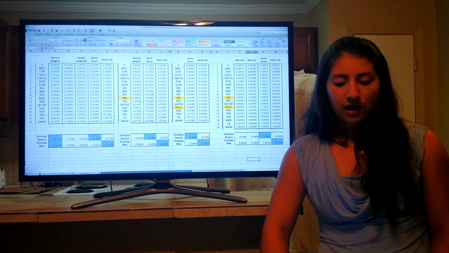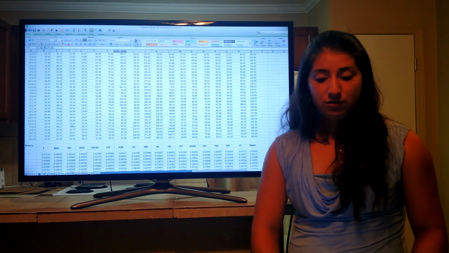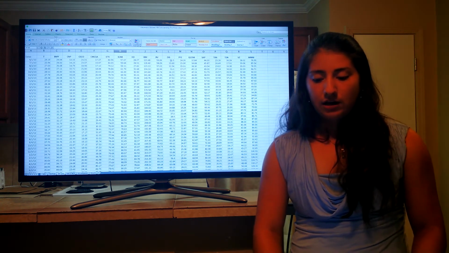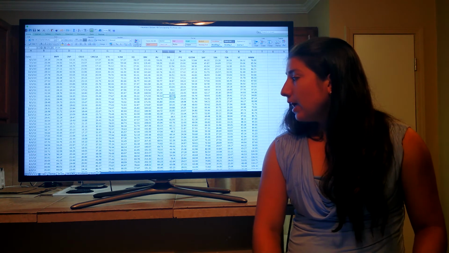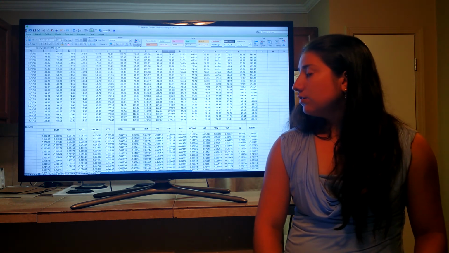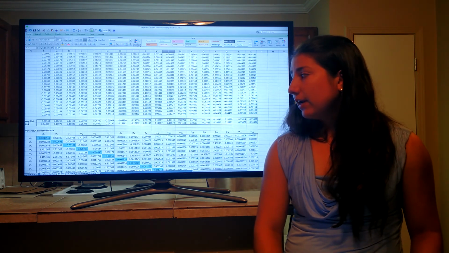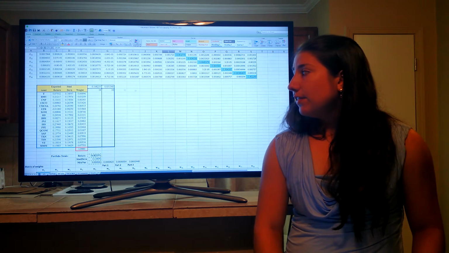Then I thought about, instead of having Krispy Kreme, I wanted to include Disney. So in here is the column, instead of Krispy Kreme we have Disney, and we have the same thing. I calculated also the returns, and then I did the same with the variance covariance matrix.